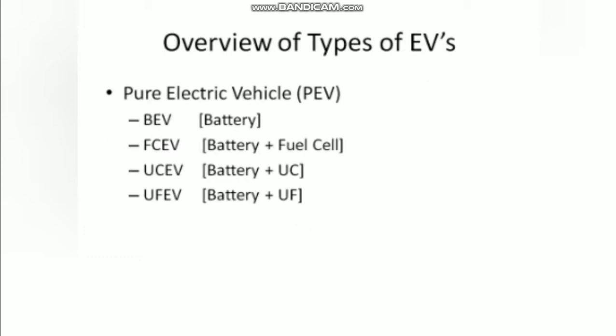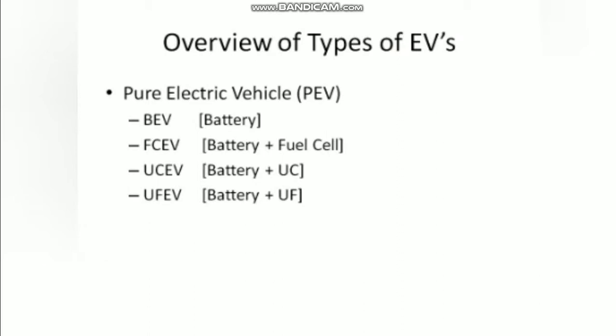So, four types of EVs come under the family of pure electric vehicles. They are battery electric vehicle, fuel cell electric vehicle, ultra capacitor electric vehicle, and ultra flywheel electric vehicle. In all these vehicles, the battery is a common energy source, while a BEV uses battery as the sole energy source. Fuel cell electric vehicle, ultra capacitor electric vehicle, and ultra flywheel electric vehicle use battery as a hybrid energy source.